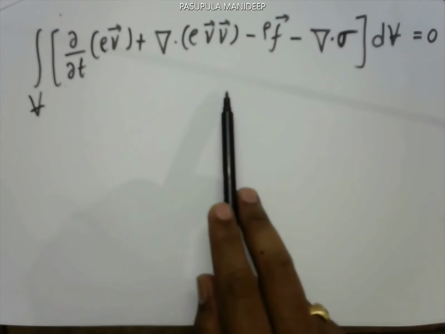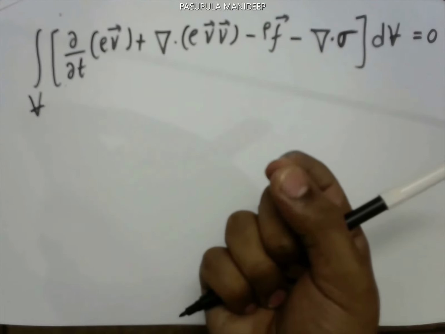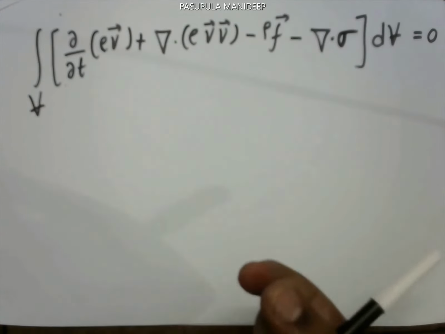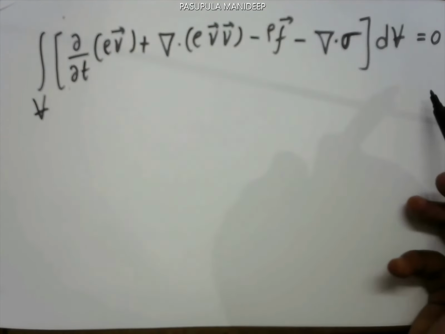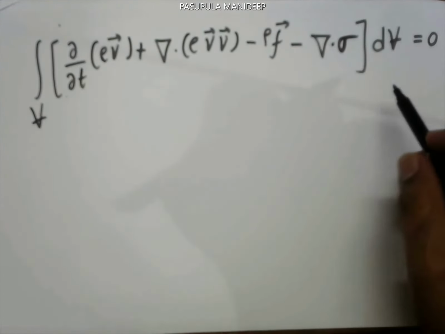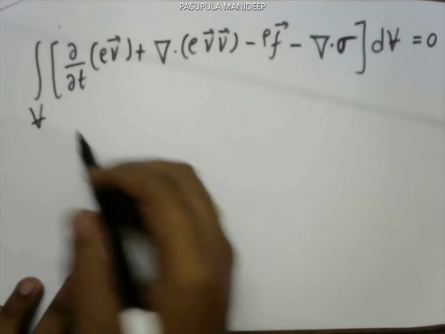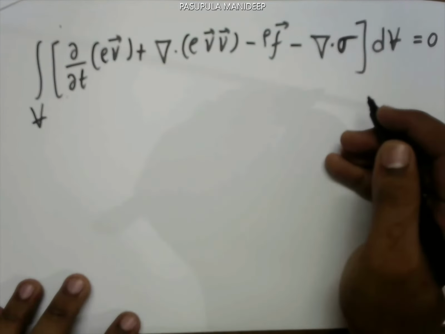If this integrand is non-zero at any point of the fluid, then we can consider that point as our control volume and make this expression false. But that's not going to happen, because this expression must be equal to 0. Hence, the integrand should be equal to 0 for all the points, right?